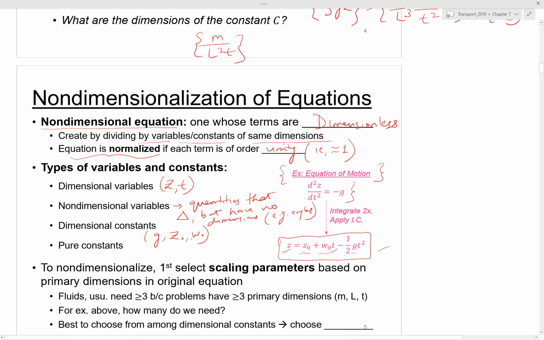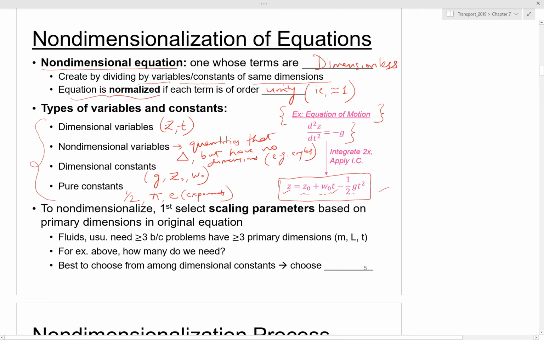And then you have pure constants such as half, pi is a constant, E exponent. So you will find a set of equations to be a mixture of these different ingredients.